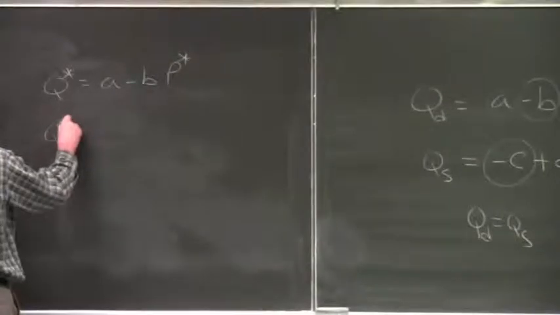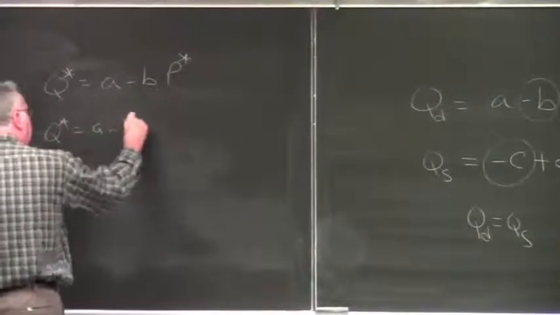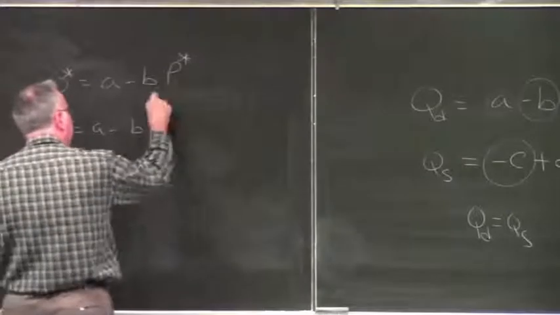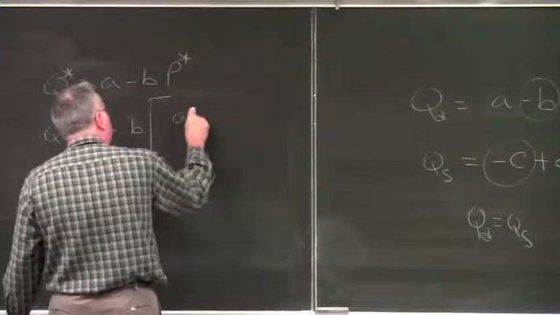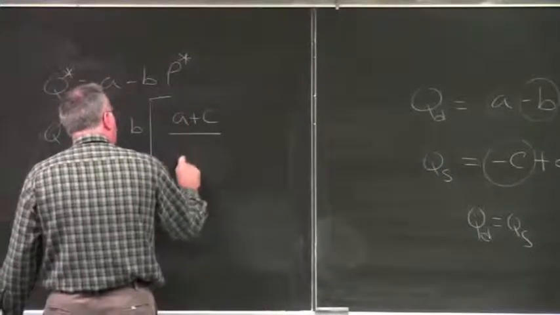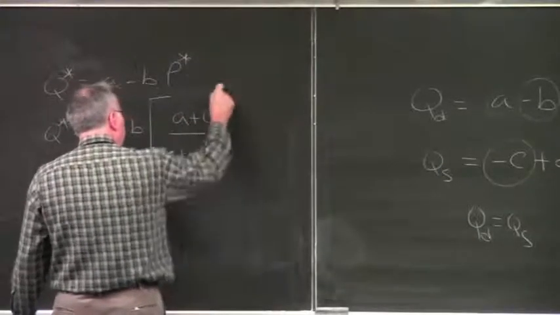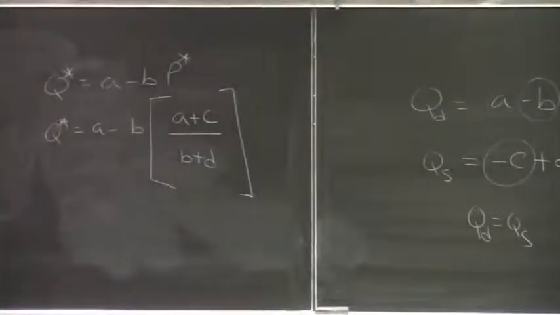You get Q star equals A minus B times, let's put brackets here, A plus C over B plus D. And notice we could stop right here because what we have on the right-hand side of this equation is all parameters. So this is our solution.